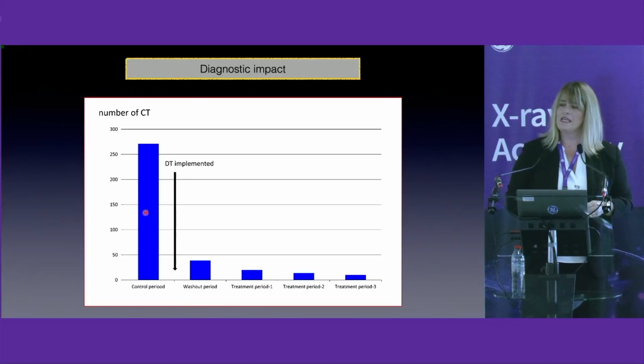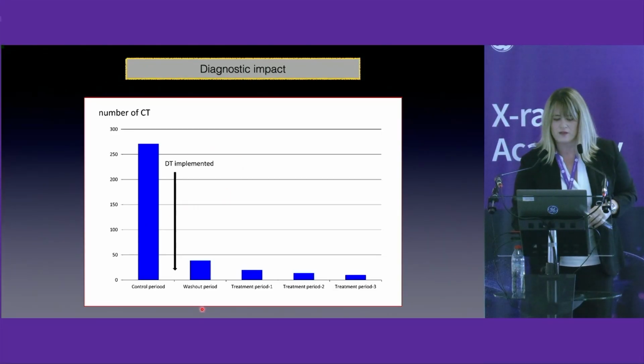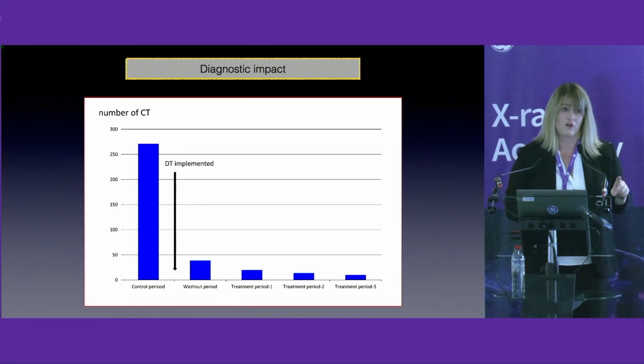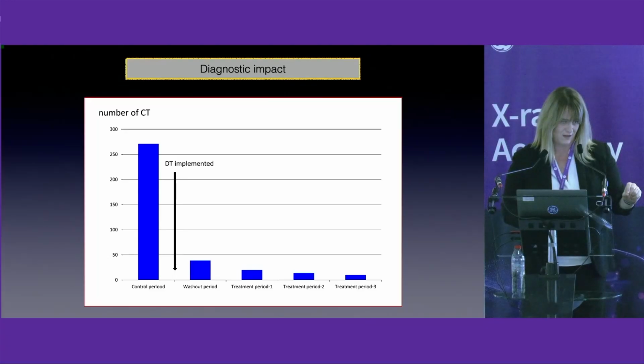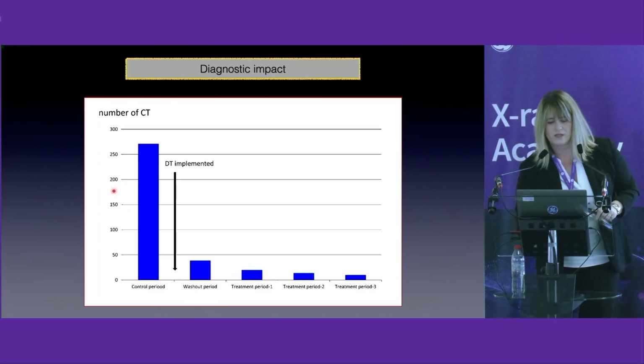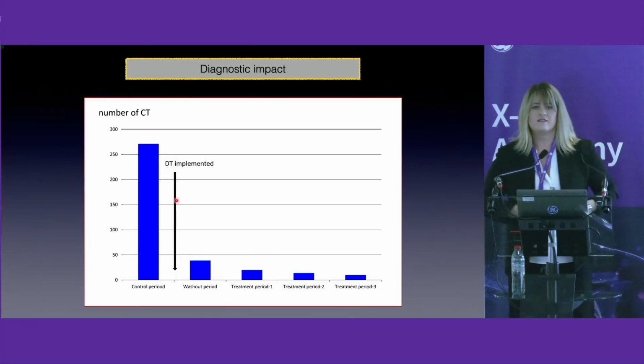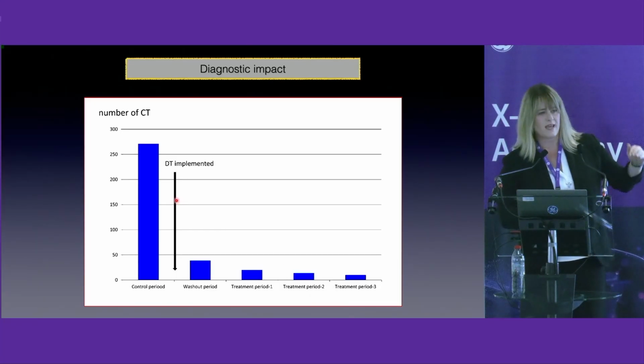And what's the clinical impact of this workflow? That we reduce enormously the amount of CT scans performed for suspected lesions on chest X-ray. So over time, the amount of CT scans required was getting down.